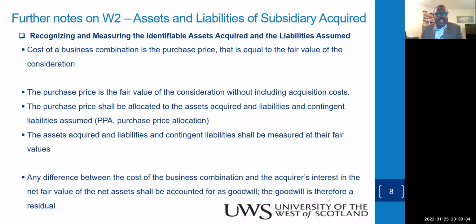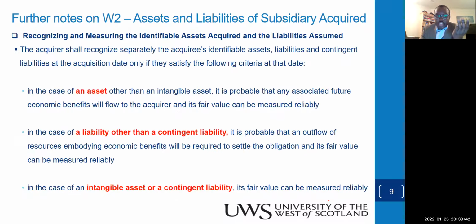Then we looked at how to recognize and measure these identifiable assets and liabilities of the subsidiary. Make sure that the asset meets the definition of an asset, even if it's an intangible asset, and make sure it can be measured reliably.